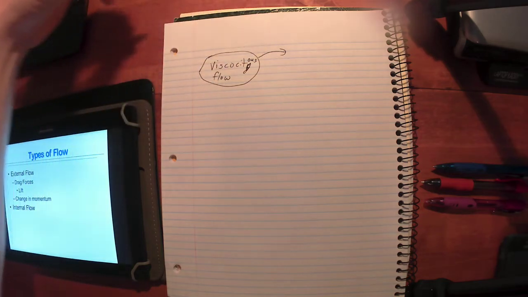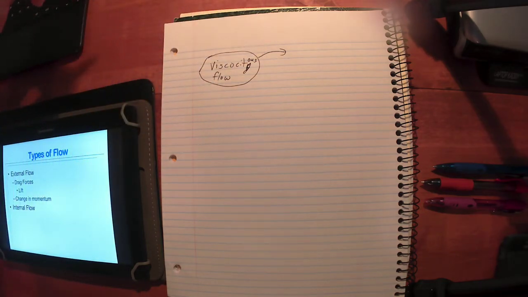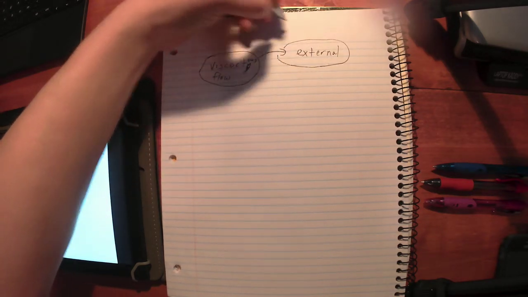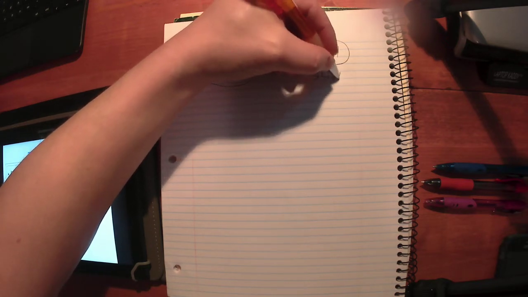Take some notes here. So viscous flow, again, it can come in two forms, as we're saying here. One of those is external flow. And that's things like lift and drag, which we will talk about.